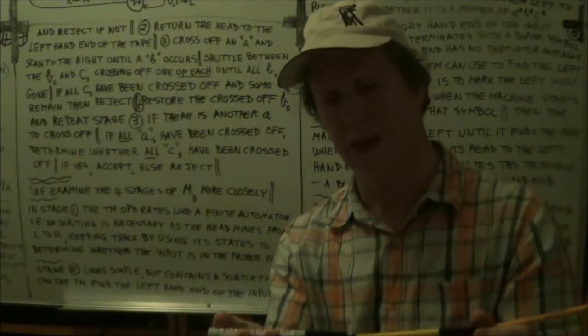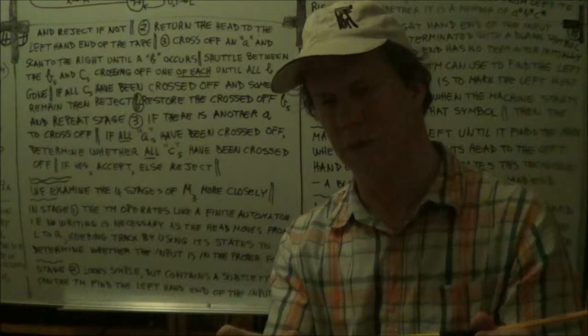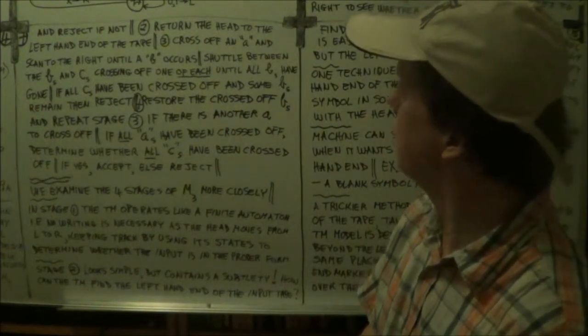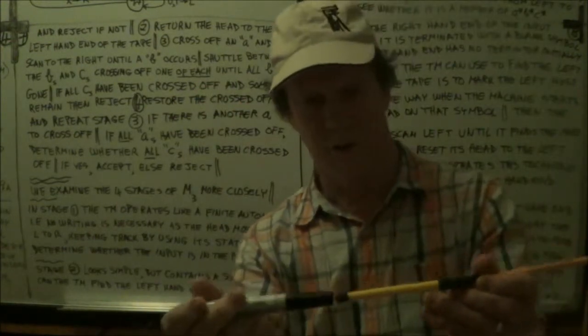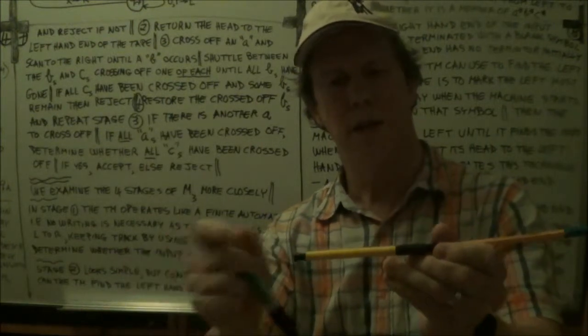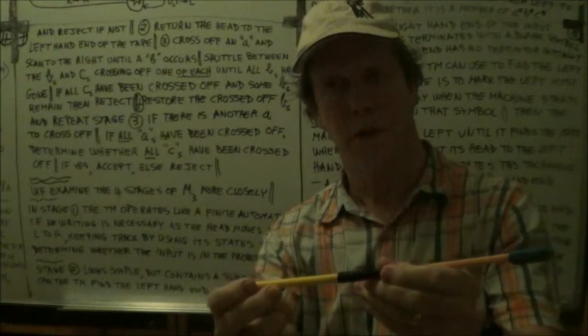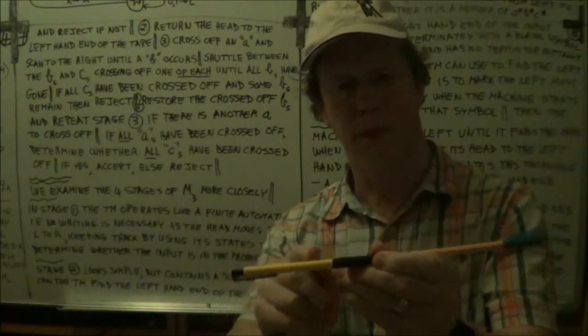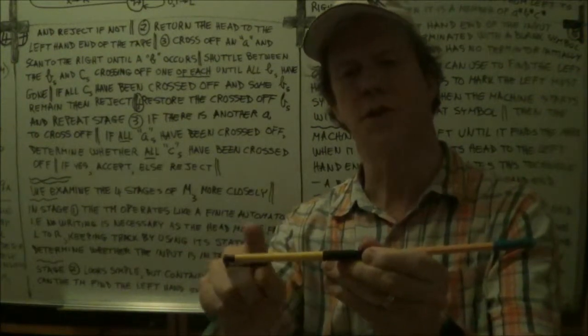Now you look at your first A, and you cross it off. And then you look at your B's, and you cross off all the B's.